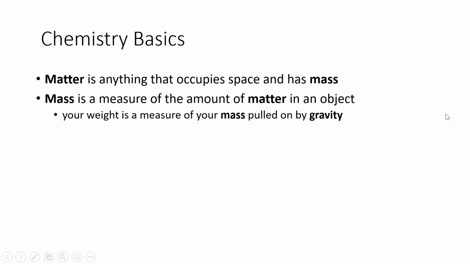Okay, so now, because gravity is different on different planets, mass is a more precise measure of the amount of matter in anything, because the mass of something on the moon is the same as the mass of that thing would be on Earth.